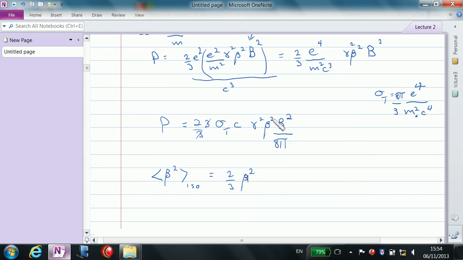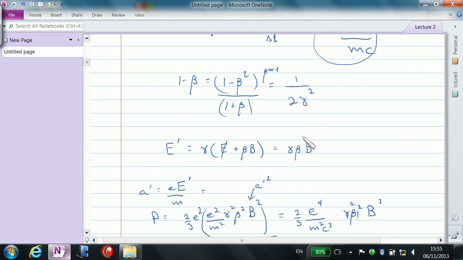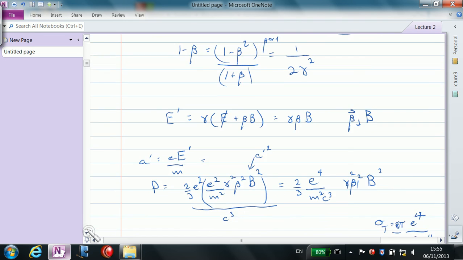Beta perp squared is beta x squared plus beta y squared, so for an isotropic electron distribution, this is 2/3 of the beta absolute, and here I meant beta absolute always. Alright, you get the idea.